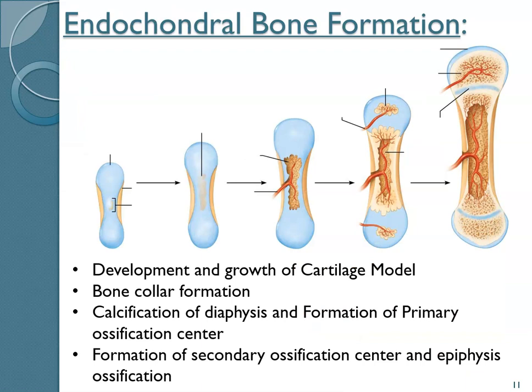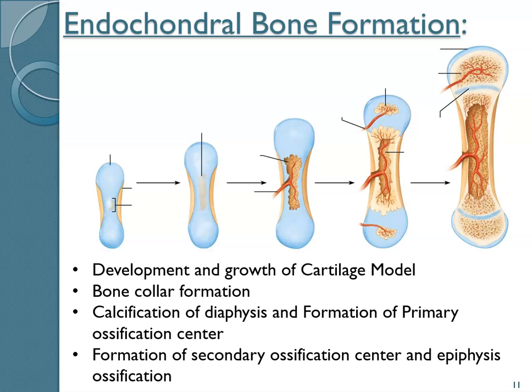So let's talk about bone formation. There are two types of bone formation: the endochondral method and the intramembranous method. If we just go over the name, endo means inside, and chondr is in reference to cartilage. So basically we're going to form a cartilage model, and then we will convert this cartilage into bone.